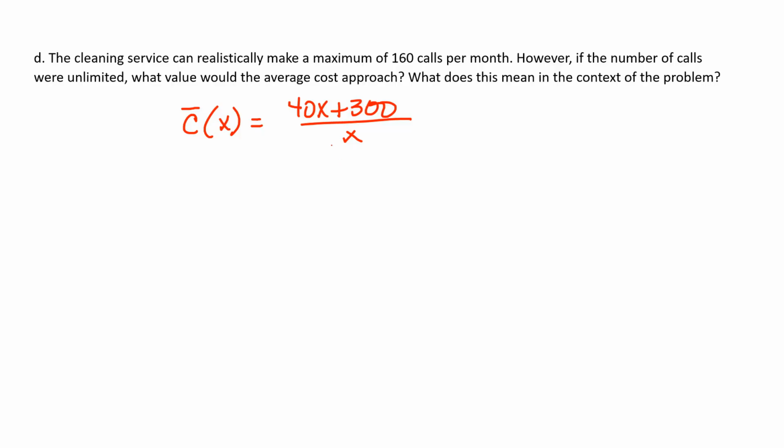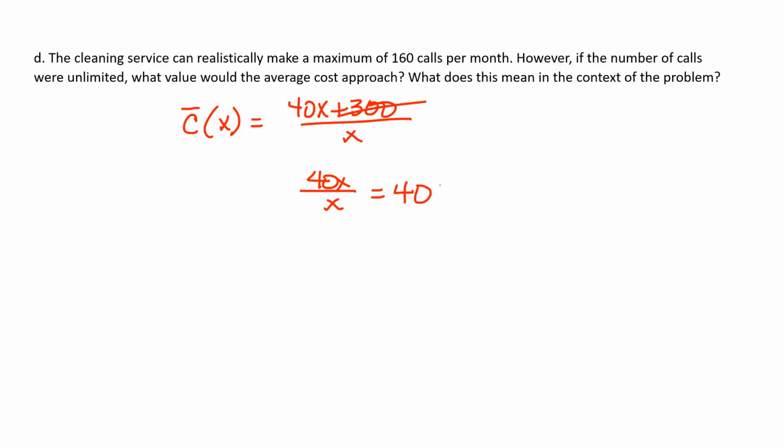They both have a degree of 1. And so as X gets very large, the 300 becomes insignificant. And so you have 40X over X. And so the value of that function, in other words, the horizontal asymptote, is at $40, which is the cost of a house call without thinking about the $300 of fixed costs.